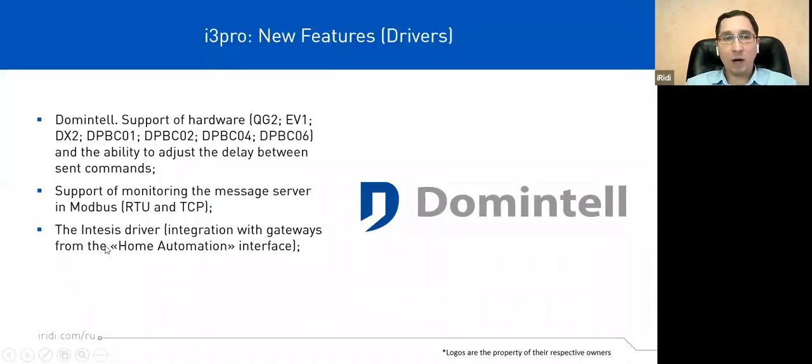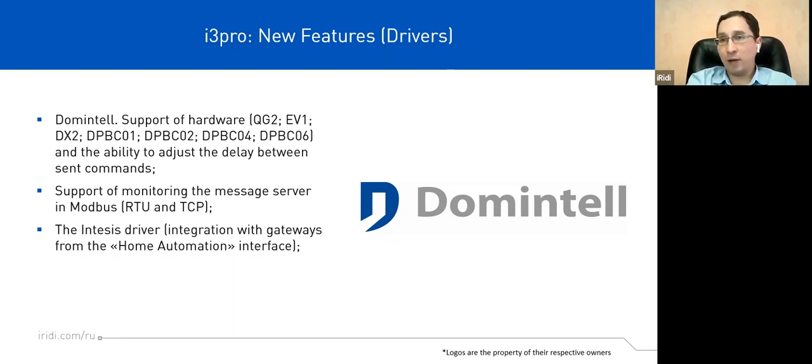Okay, the next thing is about the Intesis driver, integration with gateways from the home automation interface. As you know, maybe not, but I hope, Intesis is a hardware manufacturer of climate system products, like universal gateways for climate systems, VRV, VRF, and they make very interesting hardware.